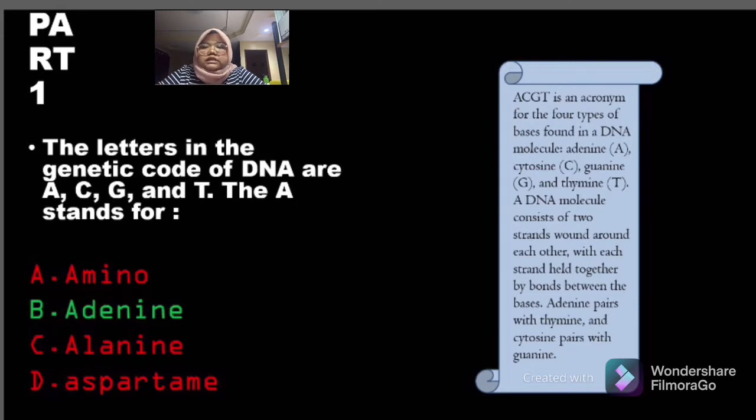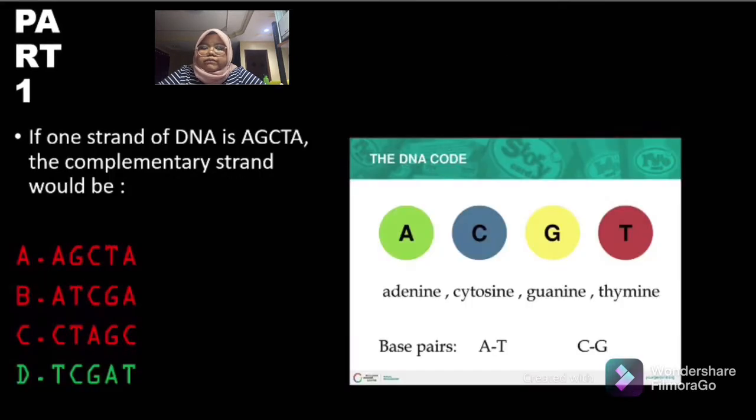So ACGT is an acronym for the 4 types of bases found in a DNA molecule: adenine A, cytosine C, guanine G, and thymine T. And the last question for part 1 is, if one strand of DNA is ACGTA, the complementary strand would be D, TCGAT. For information, this is because T is always paired with A and G is always paired with C.